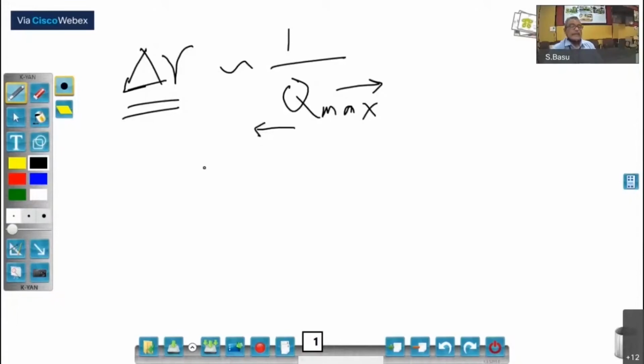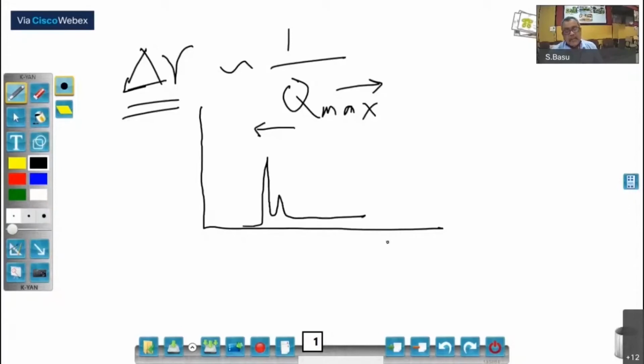But now this is dictated by the Q max. But what about the Q resolution? Because when I am doing a scattering experiment, I also want to resolve. Suppose, let us say, these are the two peaks in magnetic scattering. And if I don't have a good resolution in Q, then I will see this possibly like a slight hump.